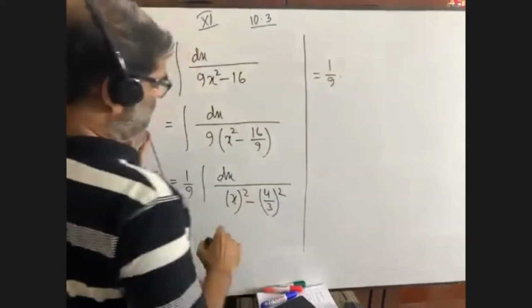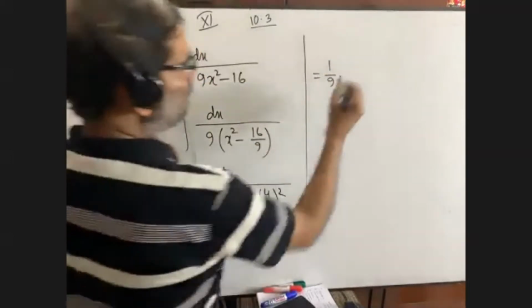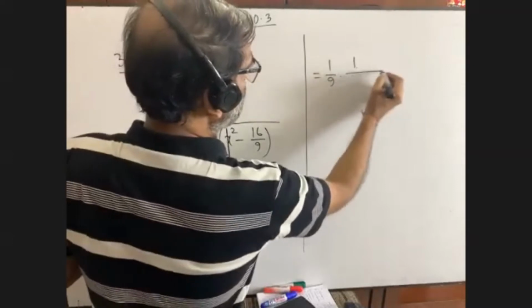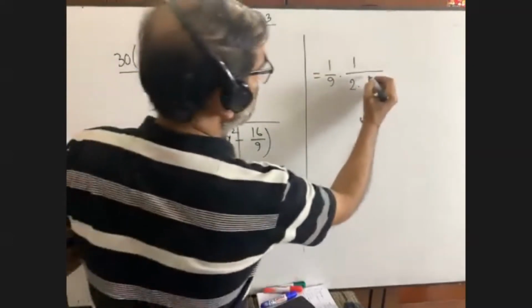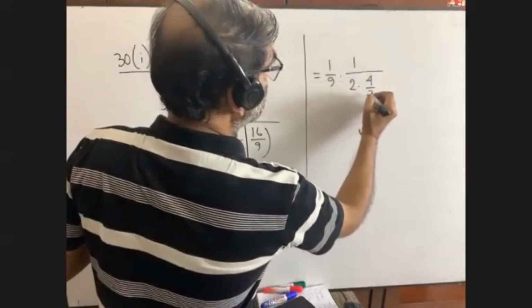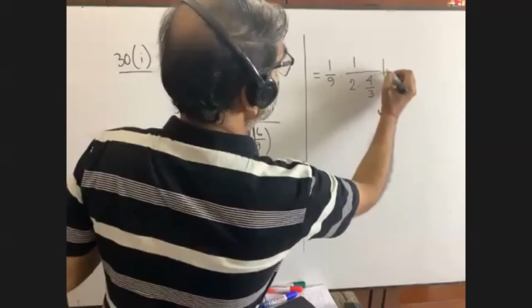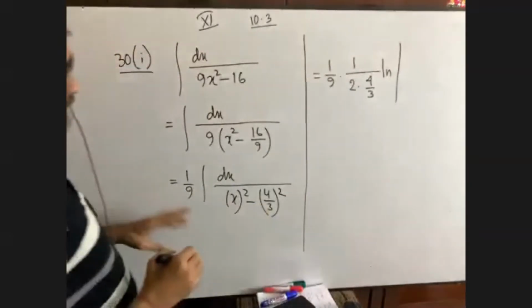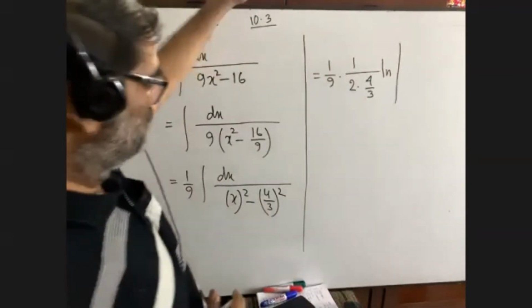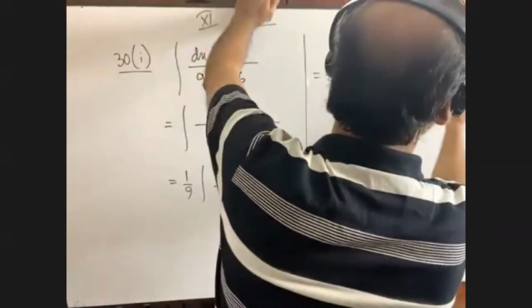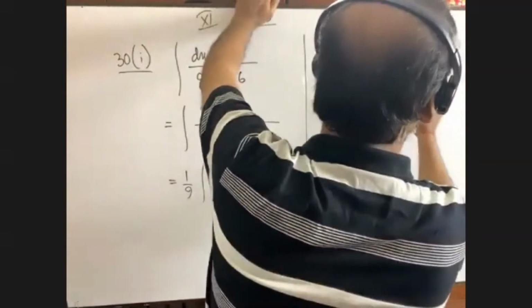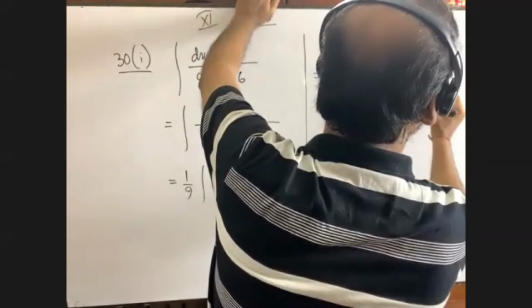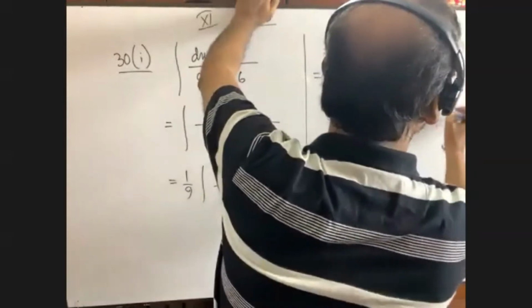Then 1 by 2a. What is a? A is 4 by 3. Then this is ln absolute value of x square minus a square, so it will be x minus a by x plus a plus c.